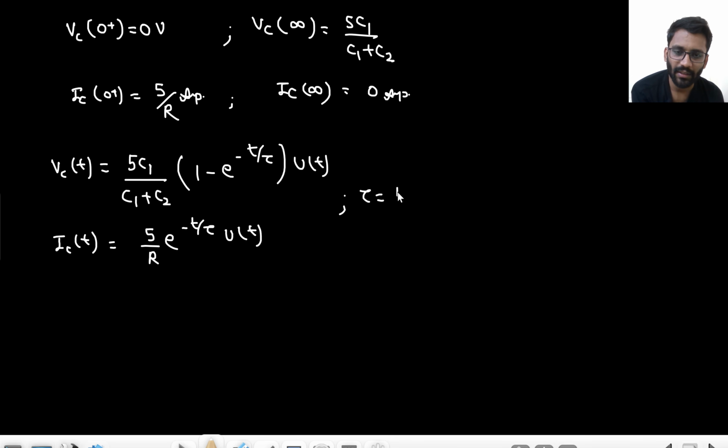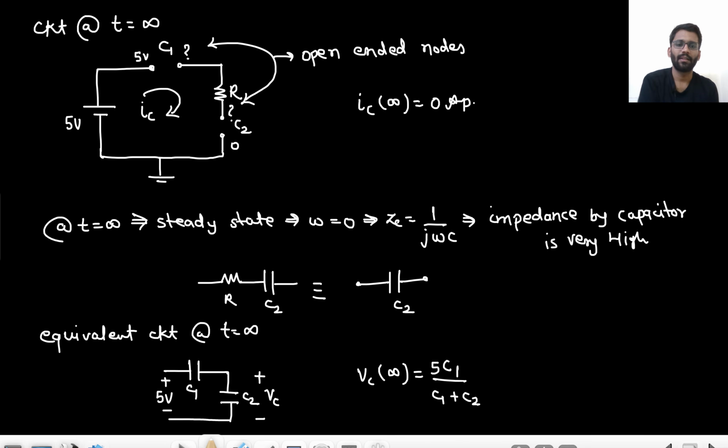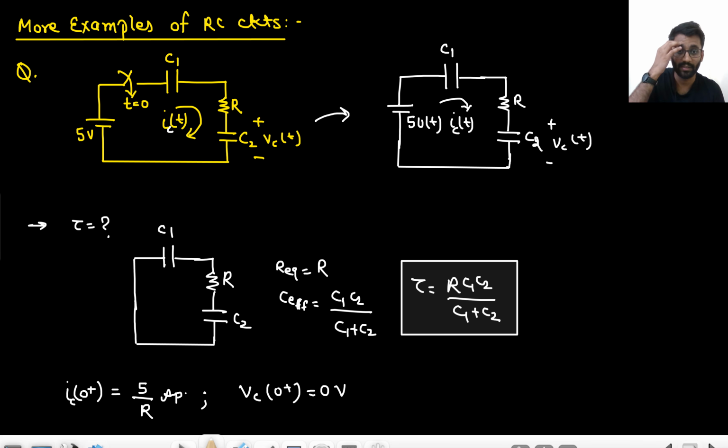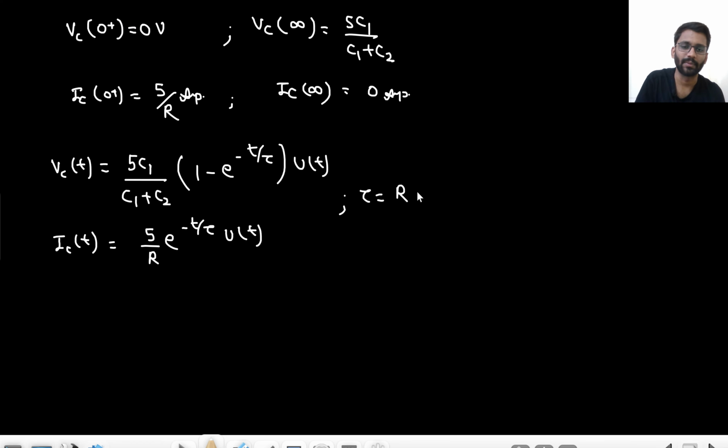What is the time constant? That is R times C1 C2 upon C1 plus C2.